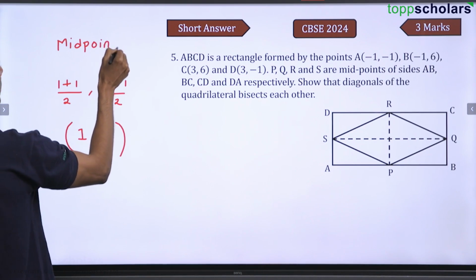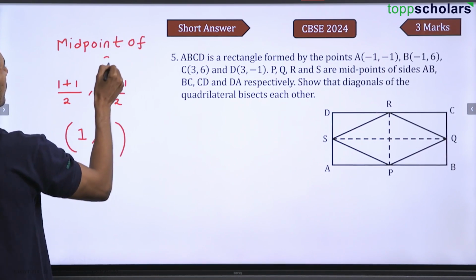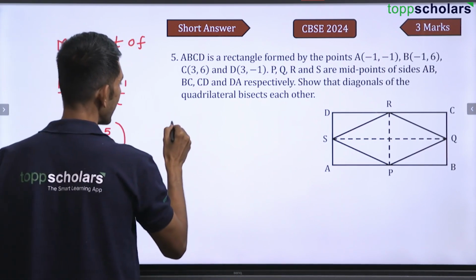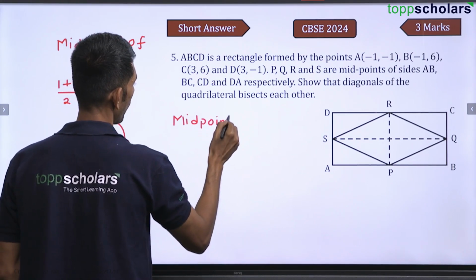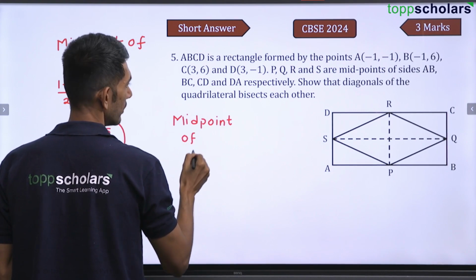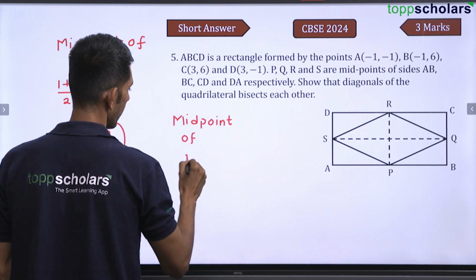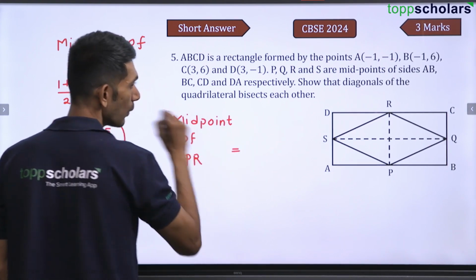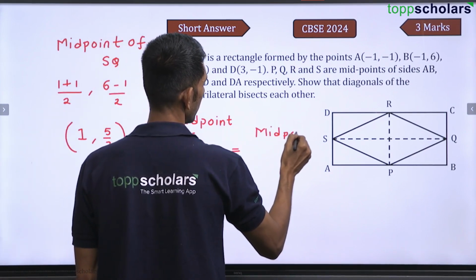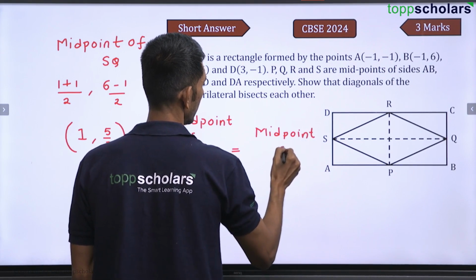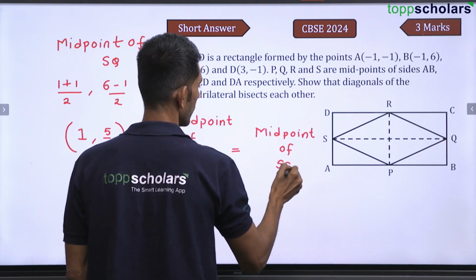So we can say that the midpoint of PR is equal to the midpoint of SQ.